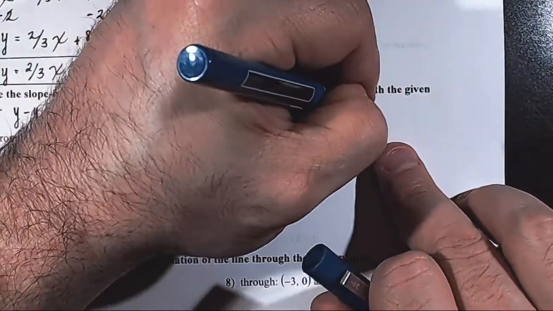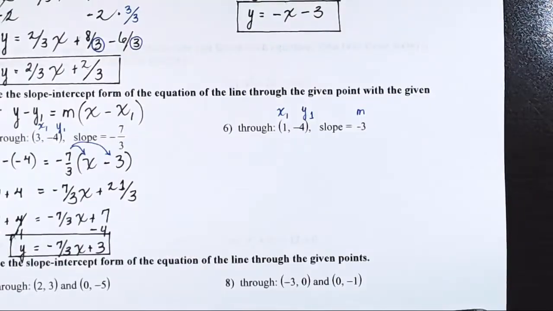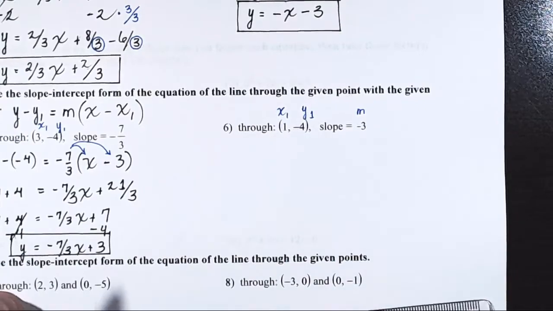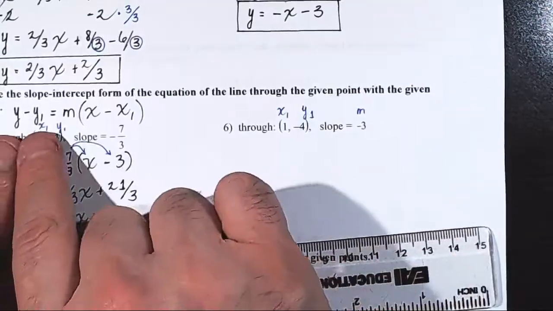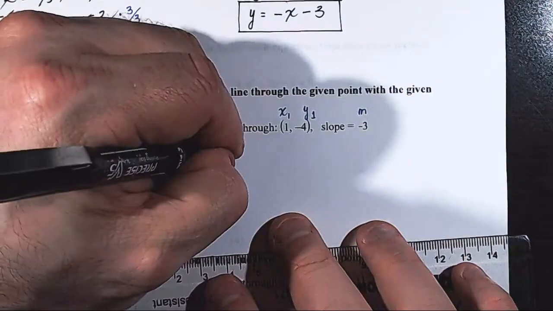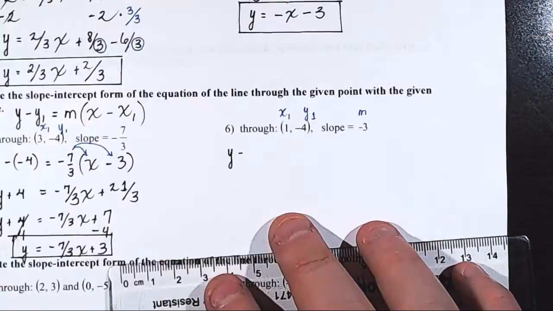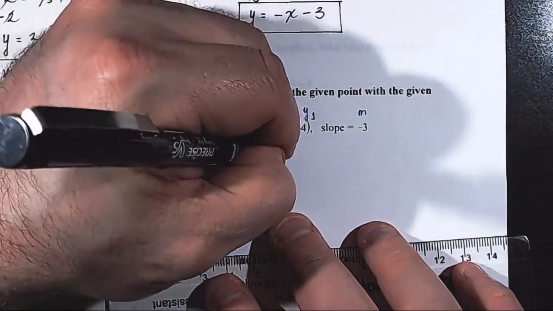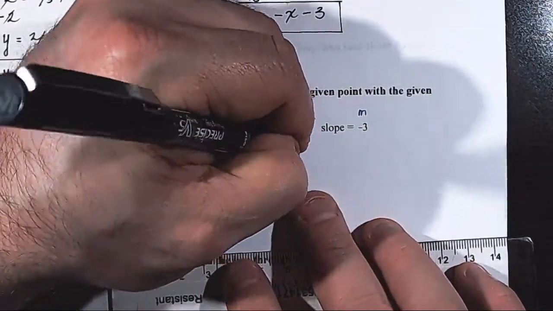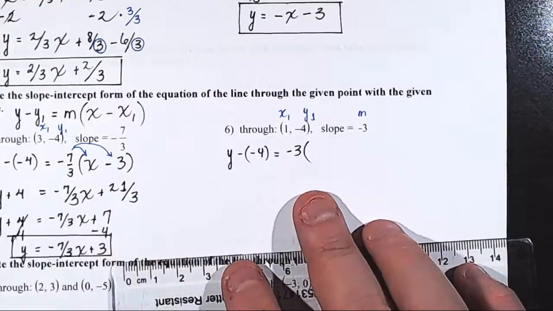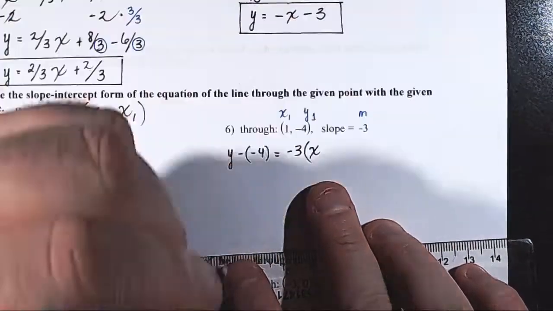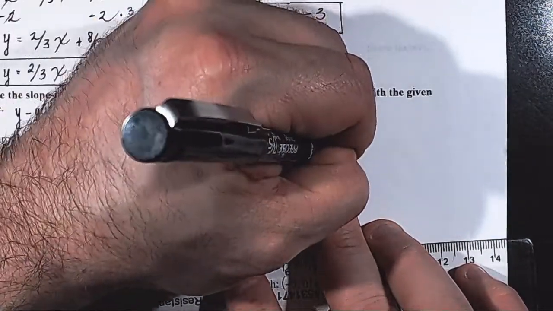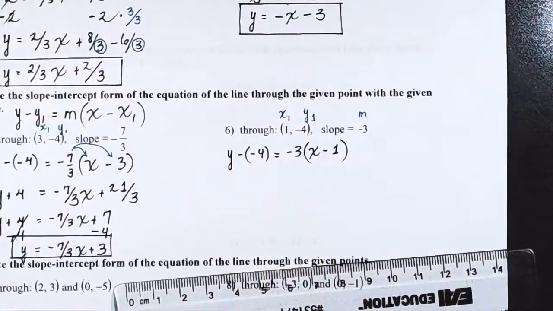And here's the m. So just plug into the formula. Y minus, open paren, negative 4, close paren, equals negative 3 for m, open paren, x minus 1, close paren.